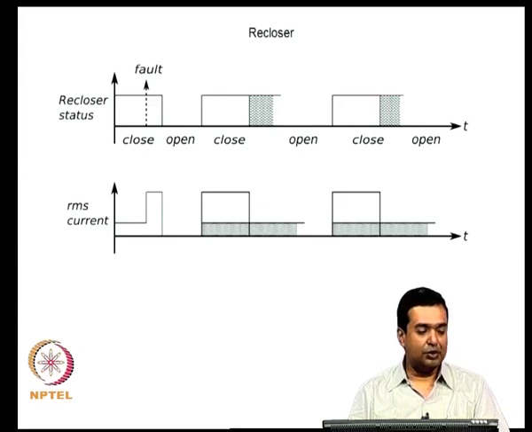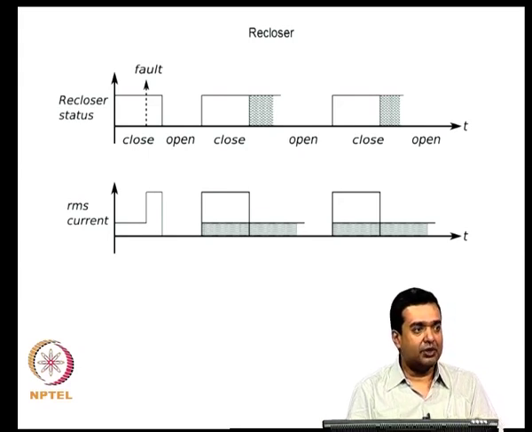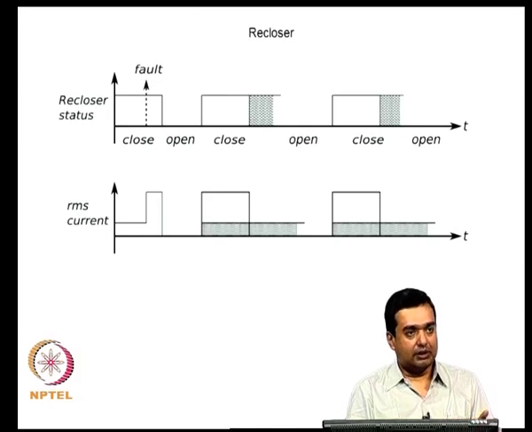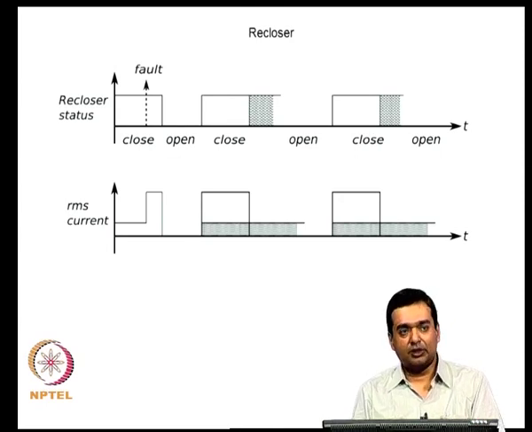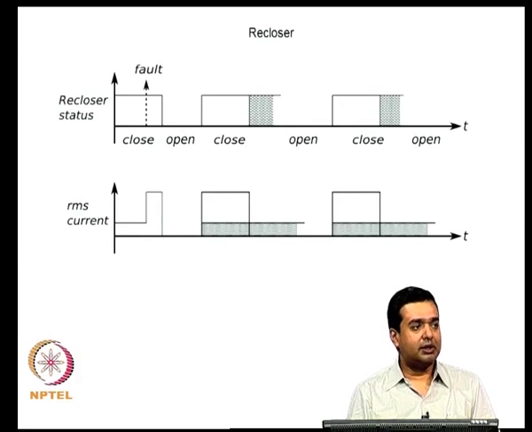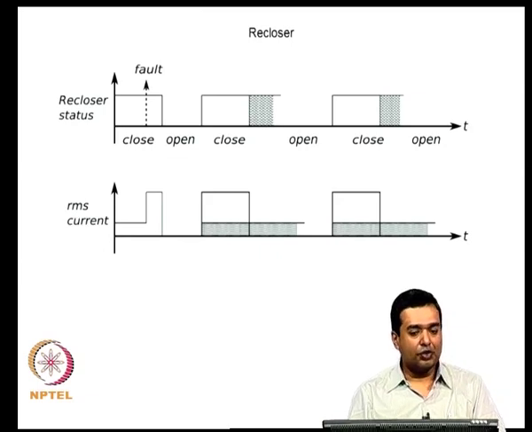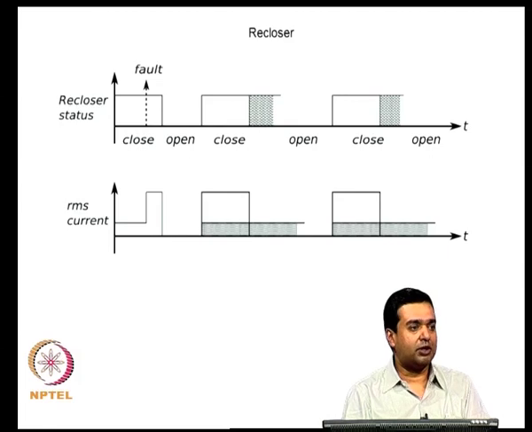So, if you are able to de-energize your line for a short duration and the fault clears, then when you re-energize it you can go back to normal operation without someone physically going there and having some manual intervention. So, if you are able to open your circuit breaker for some time and once the fault is cleared you close it again, you can potentially continue normal operation.